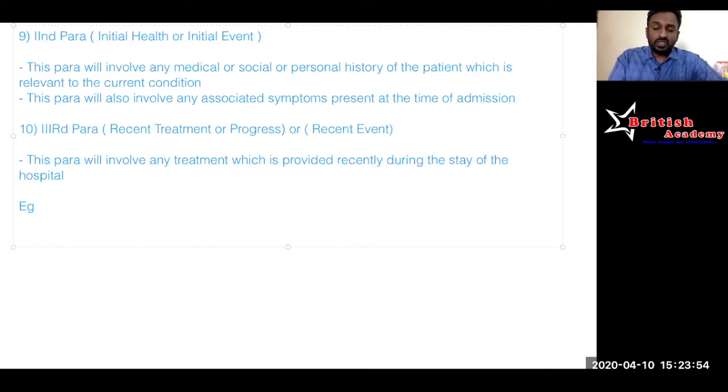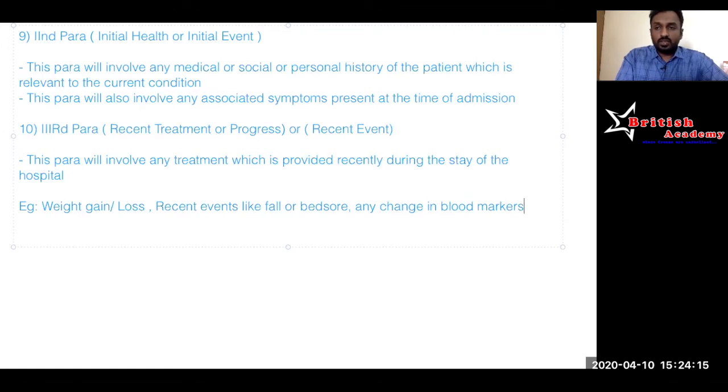Now, for example, if the patient is in the hospital, the most common examples are weight gain or weight loss, or recent events like a fall or bed sore, which is very common with ICU patients, or any change in blood markers, or any recent transfusions.